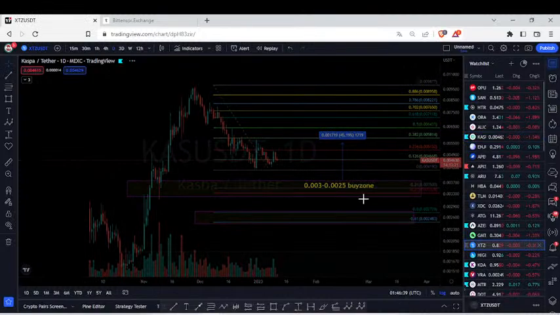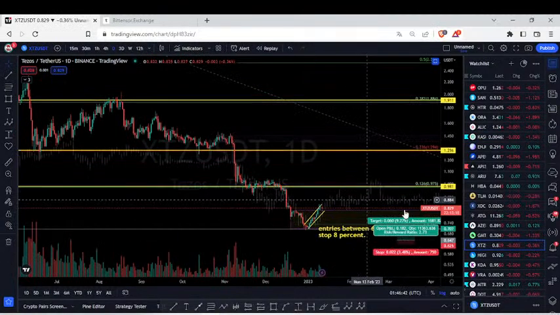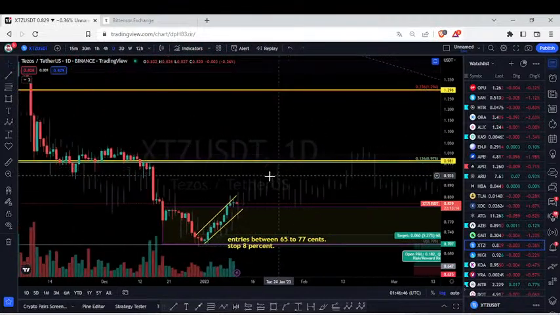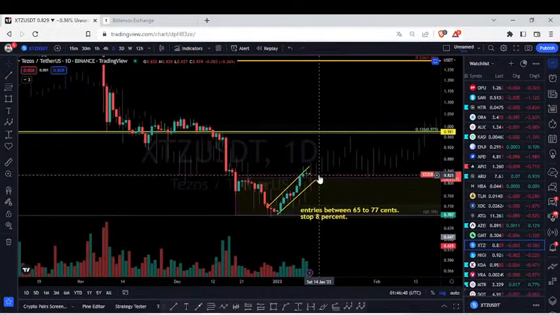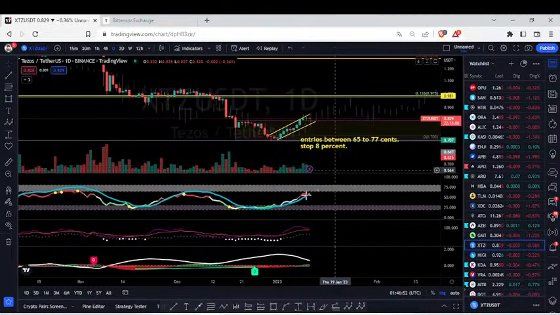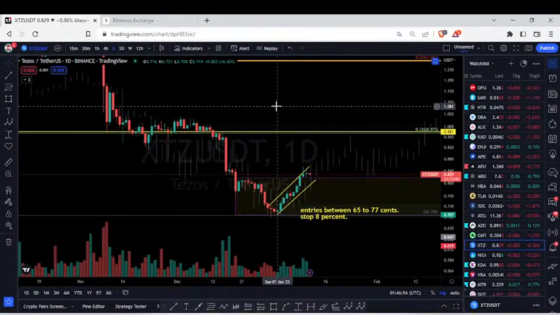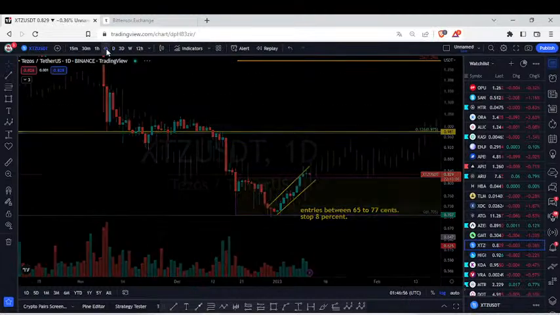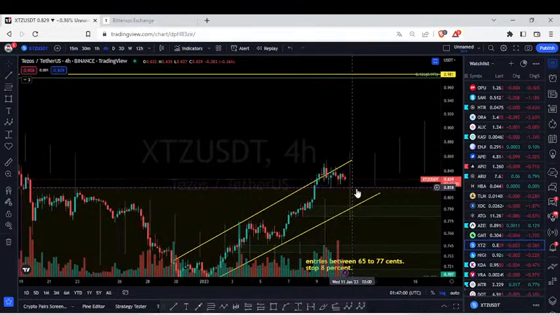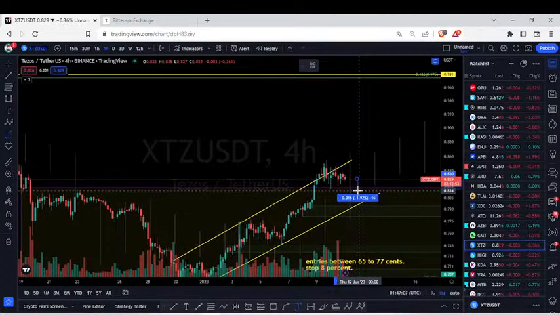Now the KDA trade played out, sorry, not the KDA, the XTZ trade. It did play out pretty well. I think it's time for a retracement. If you are looking for shorts, let me check. Now this thing still has strength. Short is just gonna get liquidated. Hmm, 2%.